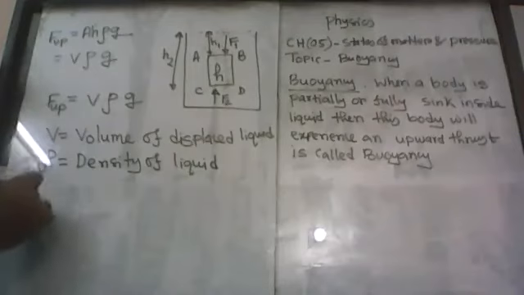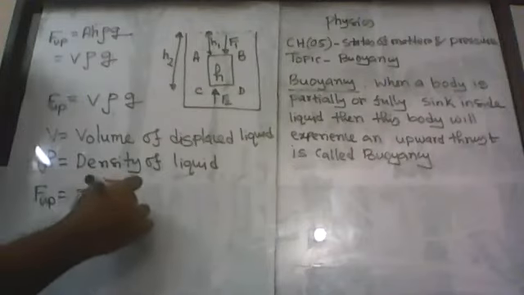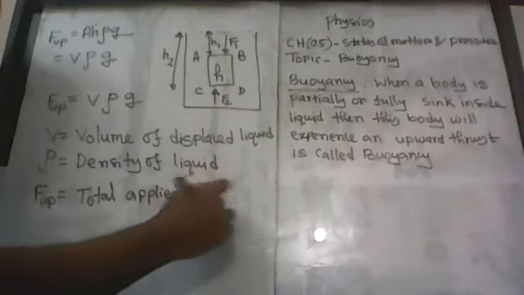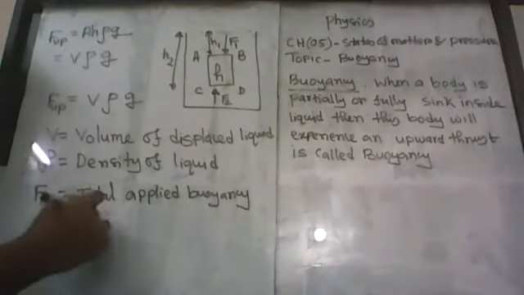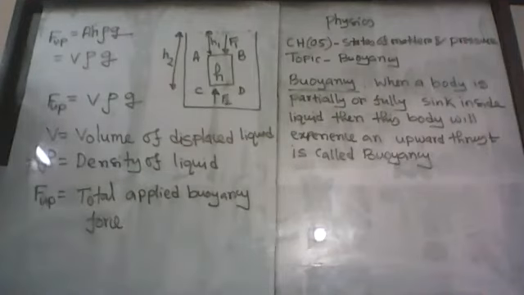And F upward is nothing but the total applied buoyancy force. So V equals volume of displaced liquid, rho equals density of liquid, and F upward equals total applied buoyancy force.